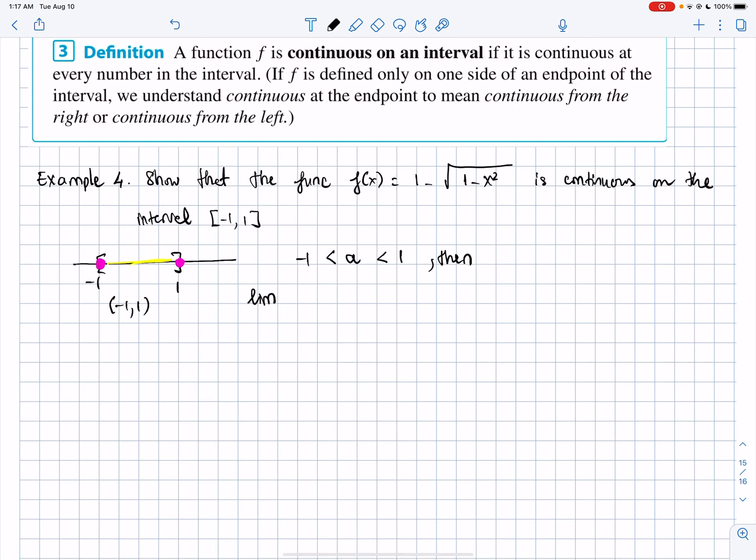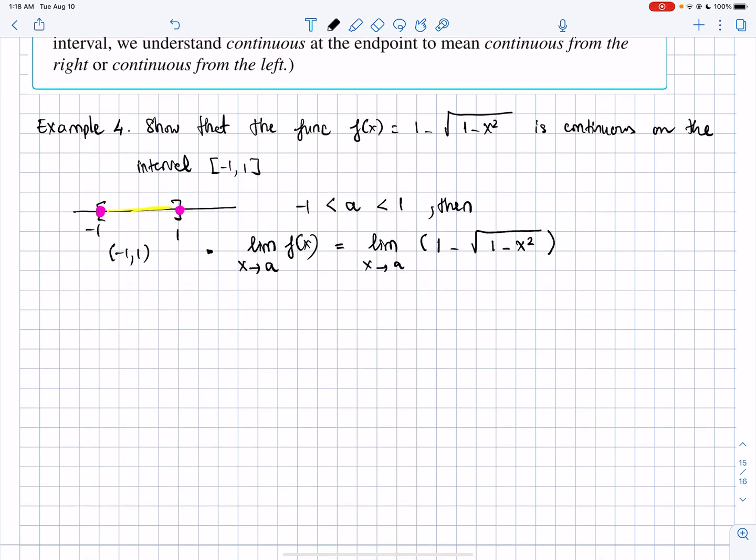So the limit as x approaches a, for a between -1 and 1, of f of x is equal to the limit as x approaches a of 1 minus the square root of 1 minus x squared. I'm doing both sides for the limit in this situation. So we can separate, right? We have the limit as x approaches a of 1 minus the limit of the square root of 1 minus x squared.